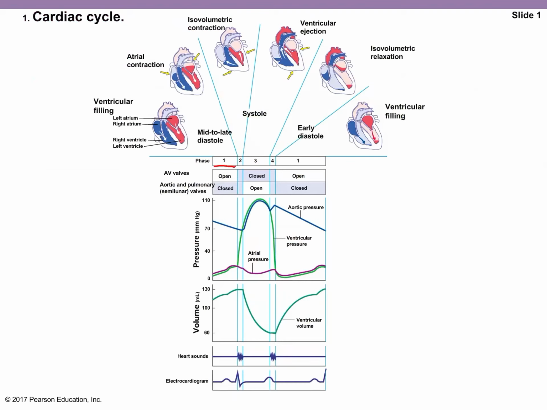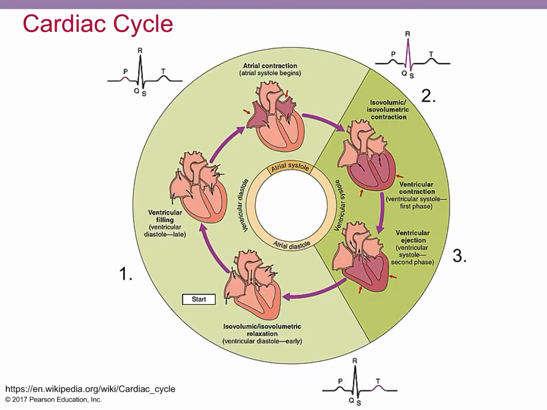So phase 1, which is here, this is where the ventricles are filling. So if you look at your outline, both the atria and the ventricles are filling, right? So phase 1 is everything is in diastole. So remember that the word diastole means relaxation, and the word systole is contraction.